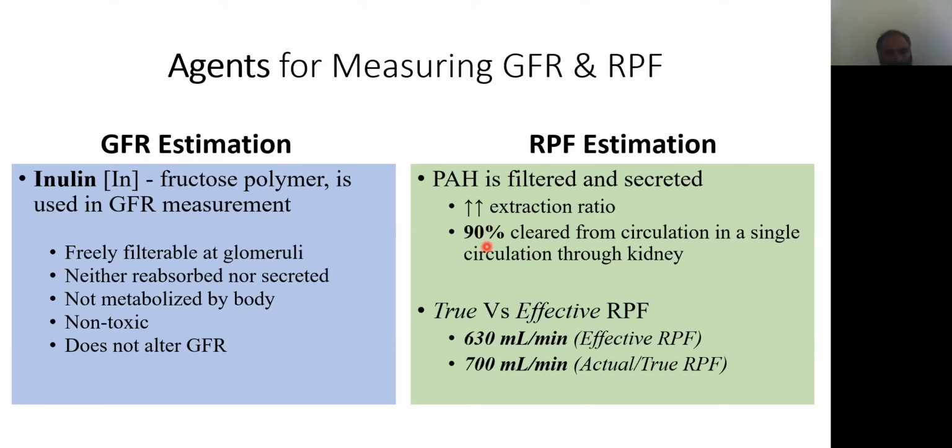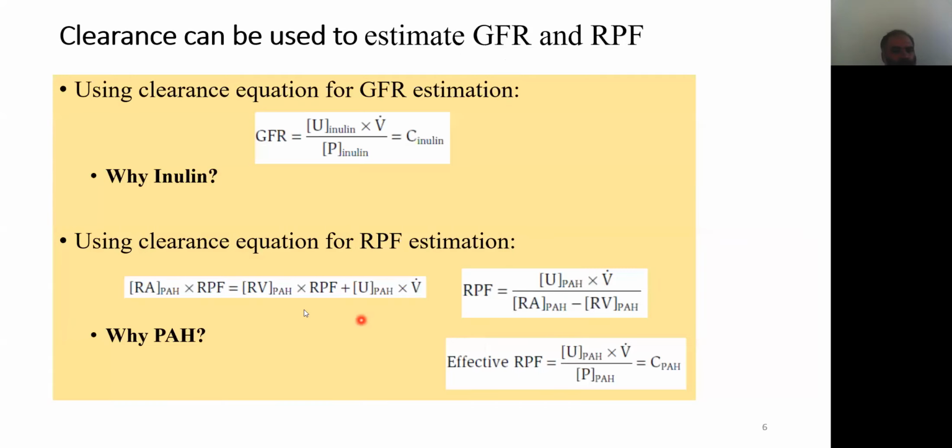So this is that. Now let me just first give you the clearance. Let's get this out of the way. The formula now, according to Fick's principle, is that the amount of PAH in the plasma, renal plasma flow, should equal the amount of PAH in the renal vein and the renal plasma flow plus whatever is going on in the urine.